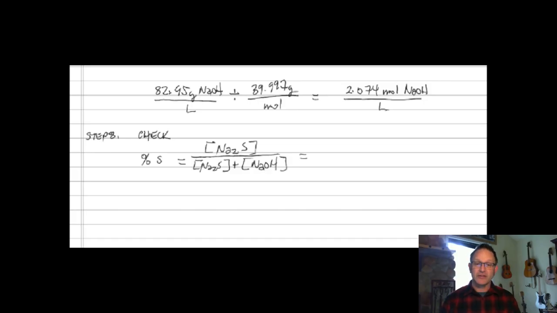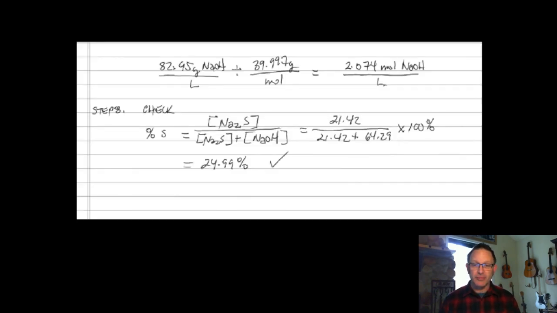Since we've calculated those concentrations, we can plug those in correctly. 21.42 over 64.29 plus 21.42 times 100% gives us a calculated sulfidity of 24.99%. Pretty close, likely due to some rounding errors in the previous calculations.